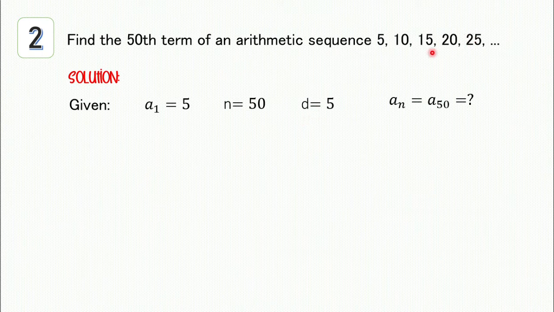Tapos, yung common difference, subtract na natin yung a sub 1 from a sub 2. So, 10 minus 5 is positive 5. And we all know that this sequence in this ascending order. So, positive yung common difference. Tapos, yung a sub n is equal to a sub 50. Ito yung hinahanap natin. So, nilagay ko lang na question mark.